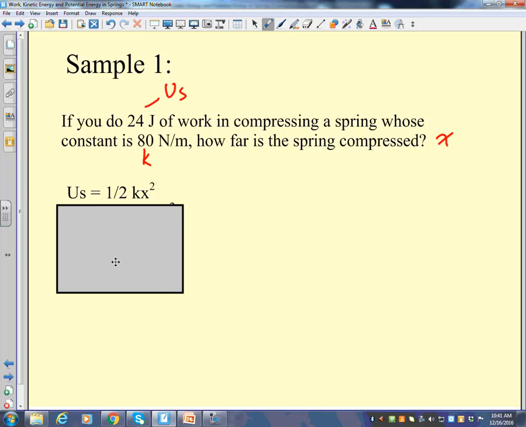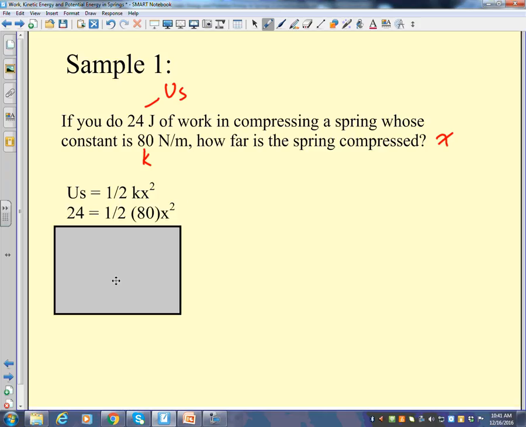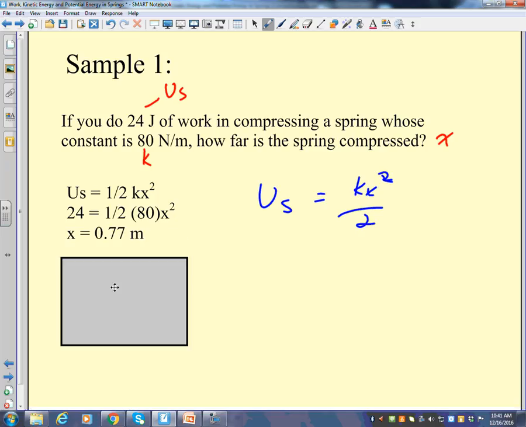So 24 equals 1/2 times 80. Now, if you prefer US equals kx squared over 2, if that makes more algebraic sense to you, that sort of forces the multiply. So multiply by 2, and you get 48 divided by 80. Take the square root.